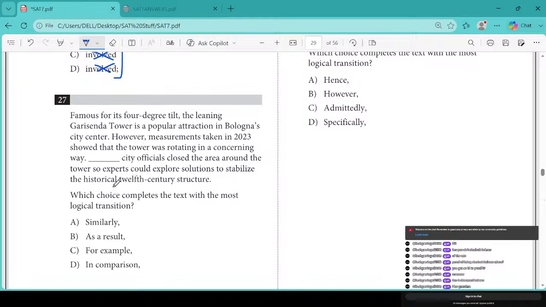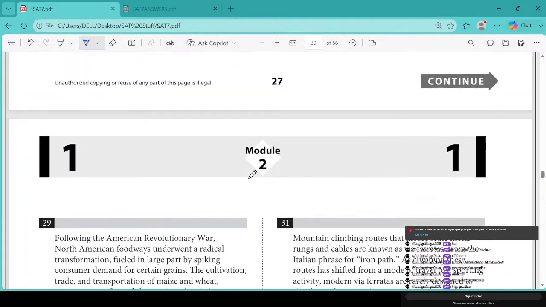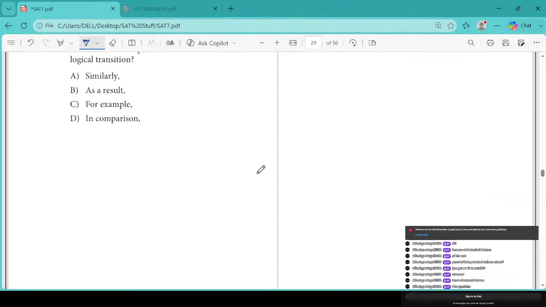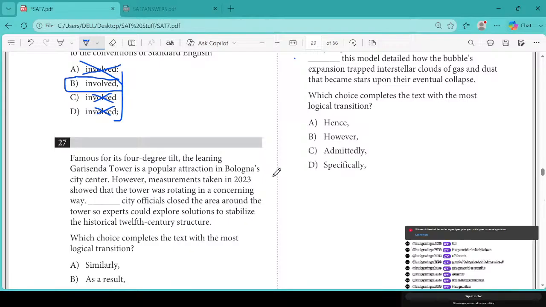Okay, so now we have transition questions, I see. Five transition questions. For transition questions, we need to read the whole thing, get a general idea of what each sentence is talking about, and then choose a transition that fits the theme and connects the two sentences.